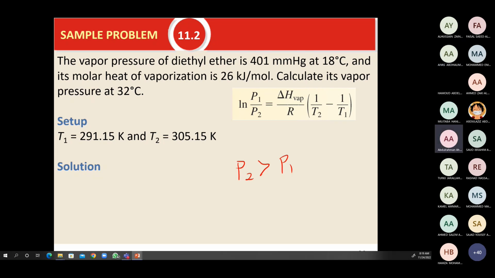Correct. Okay, good. Did you solve this problem? What's P2? I got 471.